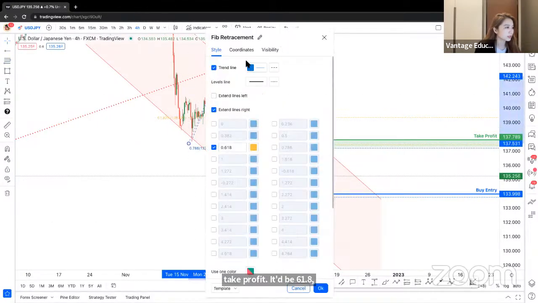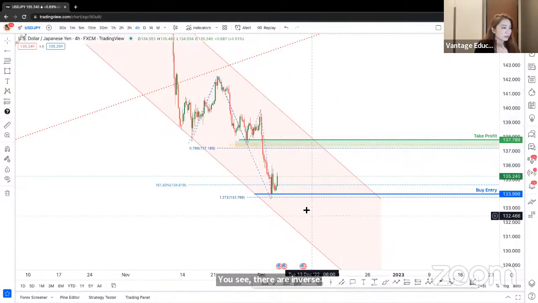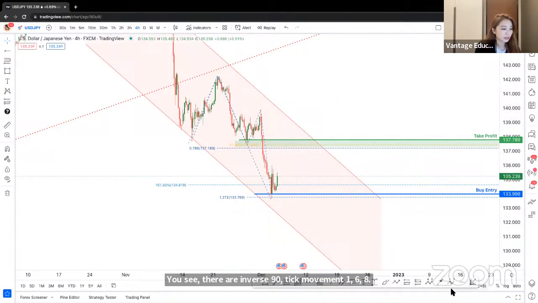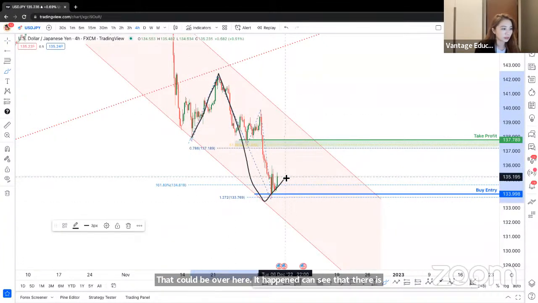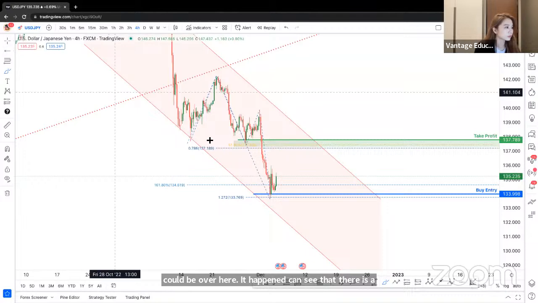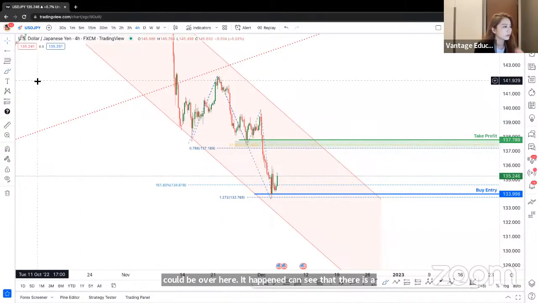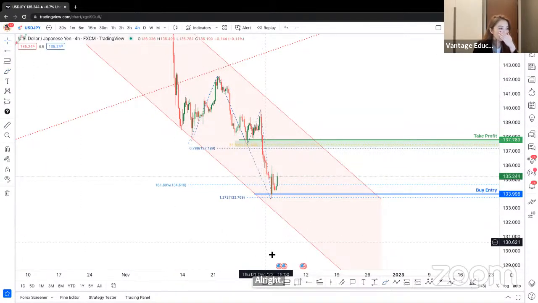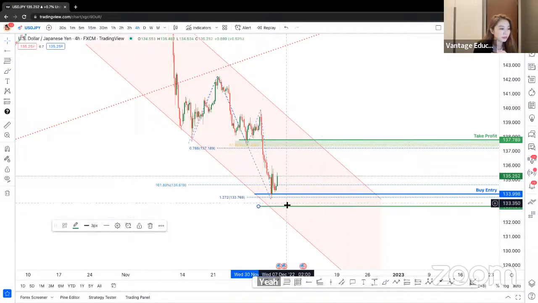You see, is there an inverse 90 tick movement? 168. That could be over here. It already happened. You can see that there is a movement. I'm just gonna put a stop loss a tad bit below.